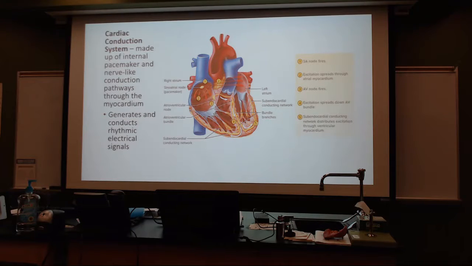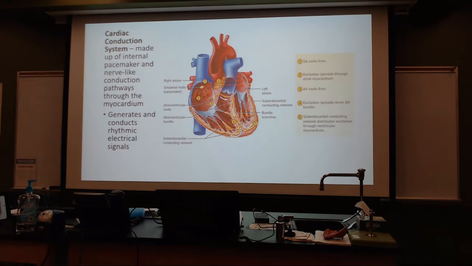So think of it now. First of all, what chamber is this located in? Right, my right atria. So this SA node that is going to set the pace of the heartbeat is in the right atria.